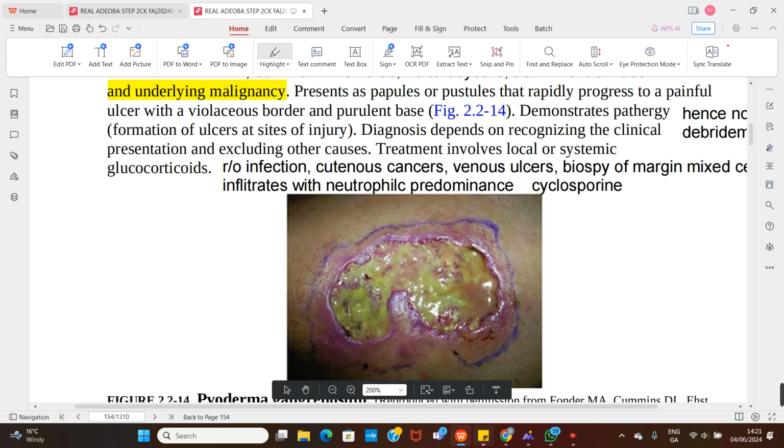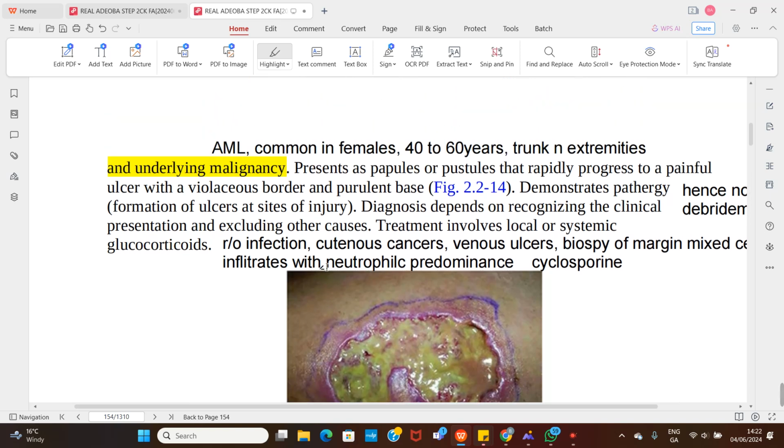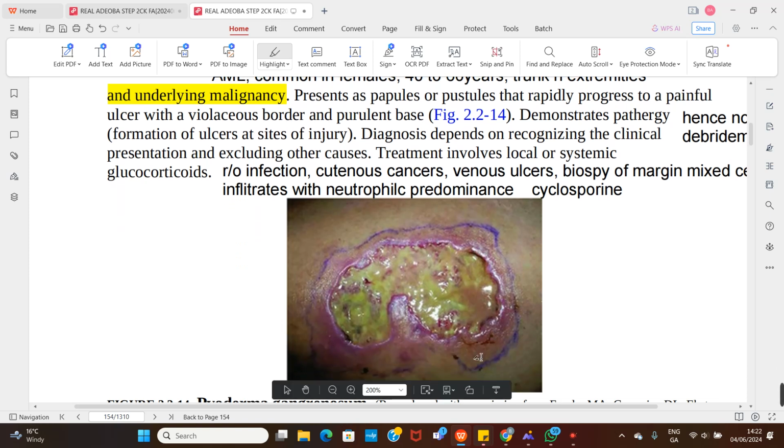Now, it can be due to trauma, but sometimes we might not get a history of trauma. That's number one point. The common causes are stuff like inflammatory bowel disease, rheumatoid arthritis, malignancy, especially the blood malignancies like acute myeloid leukemia, hairy cell leukemia.